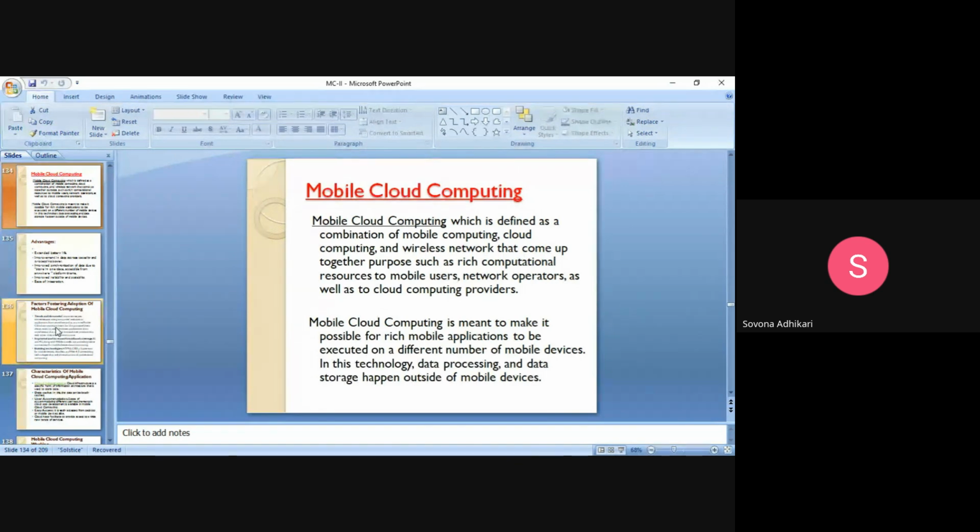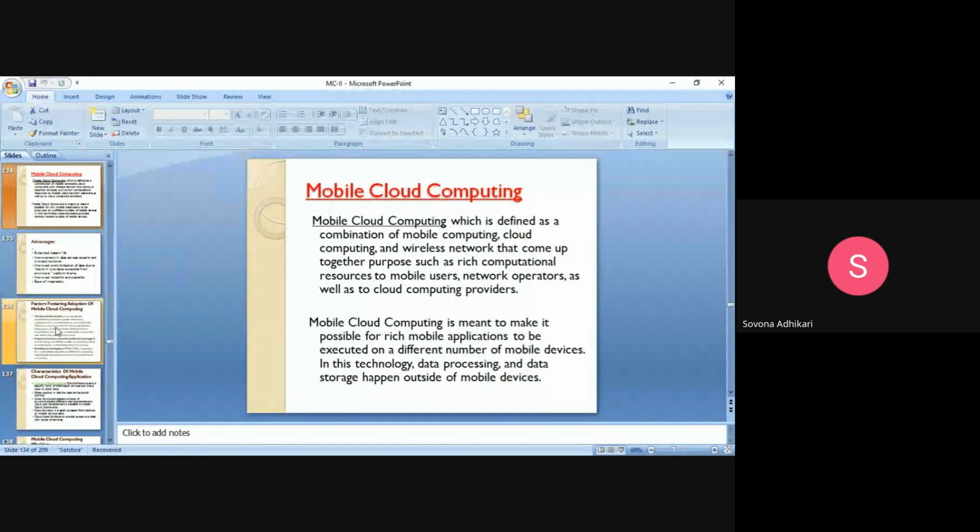It is defined as a combination of mobile computing, meaning we communicate through mobile and wireless devices, cloud computing, and wireless network that come together for the purpose of providing rich computational resources to mobile users, network operators, and cloud computing providers.